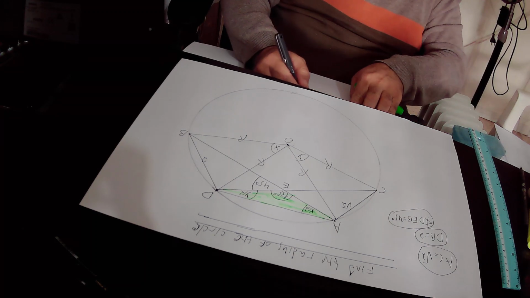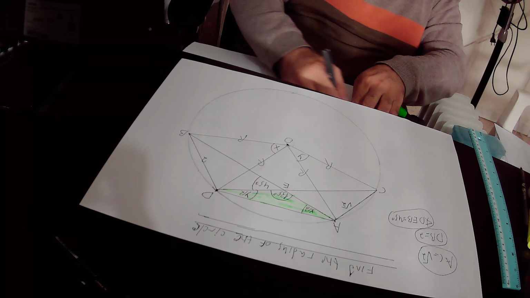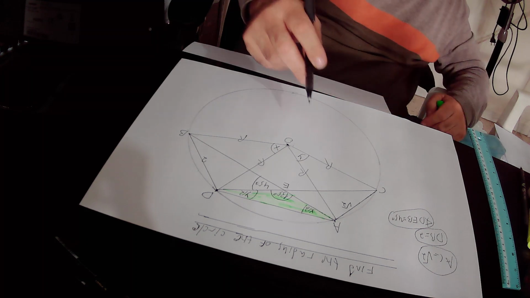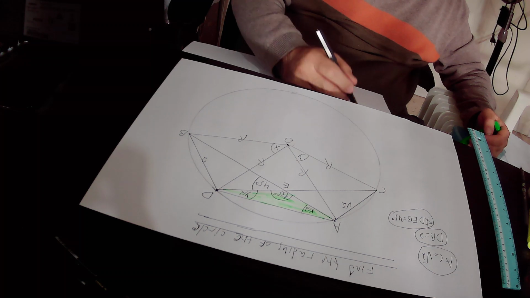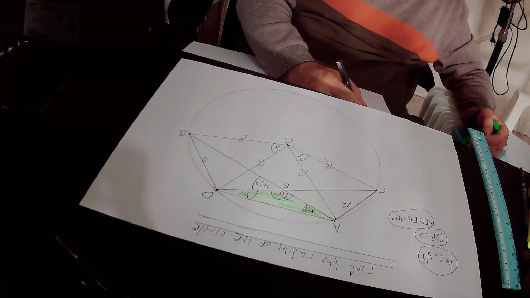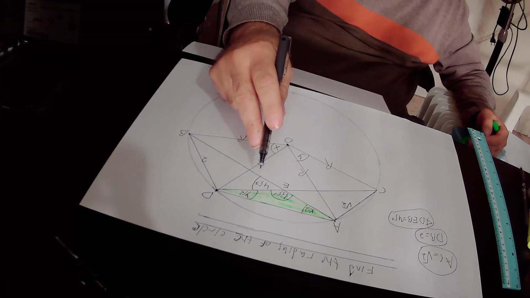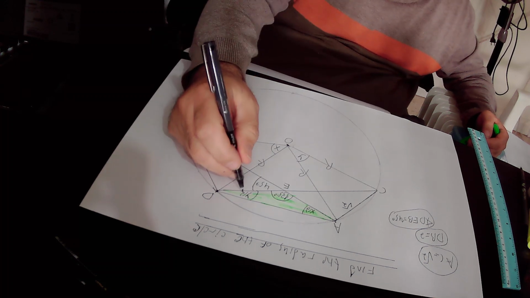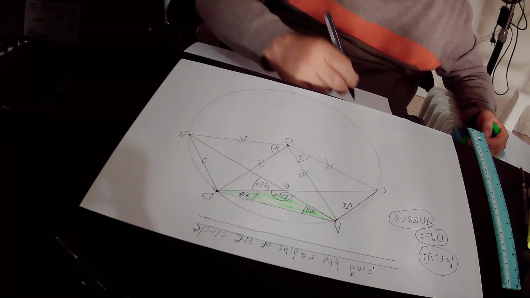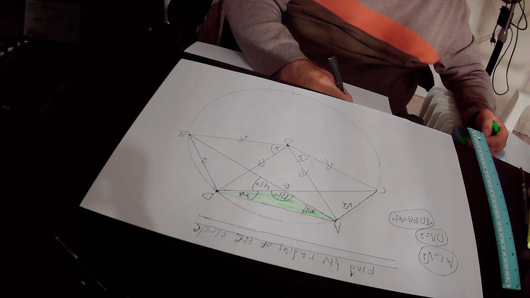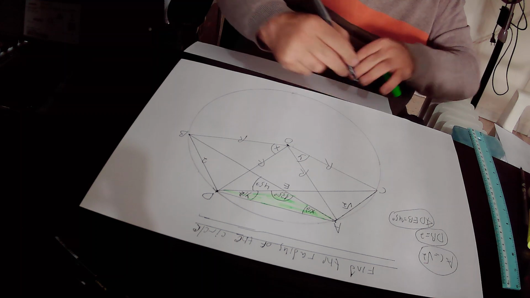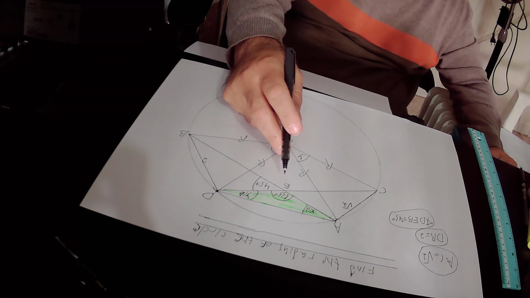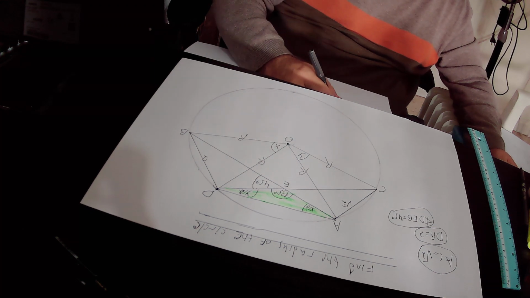So which angles do we have? Inside triangle AD, we have this angle that is x over 2, plus this angle that is y over 2, plus this angle that is 135 degrees.